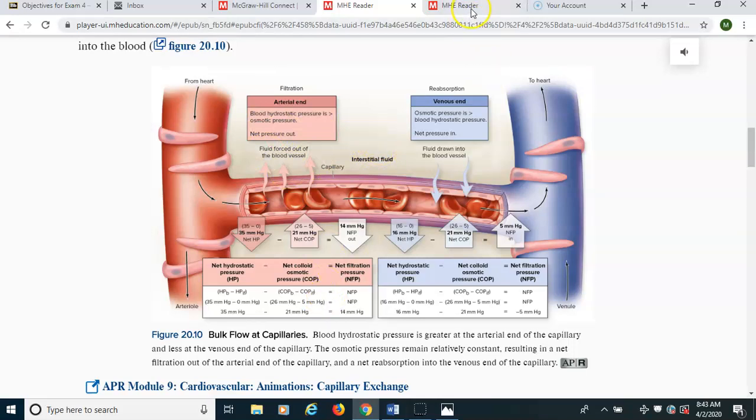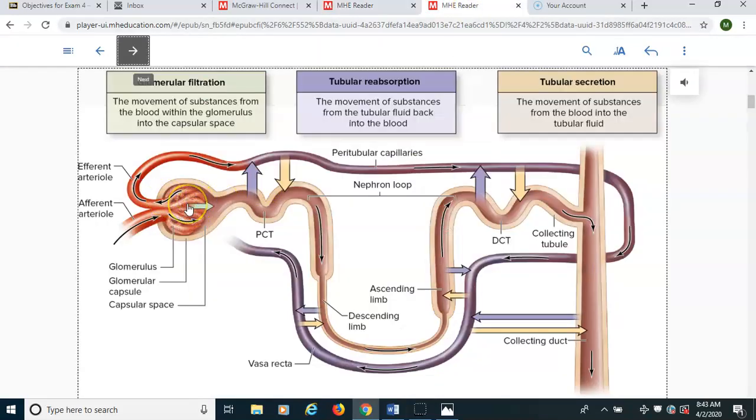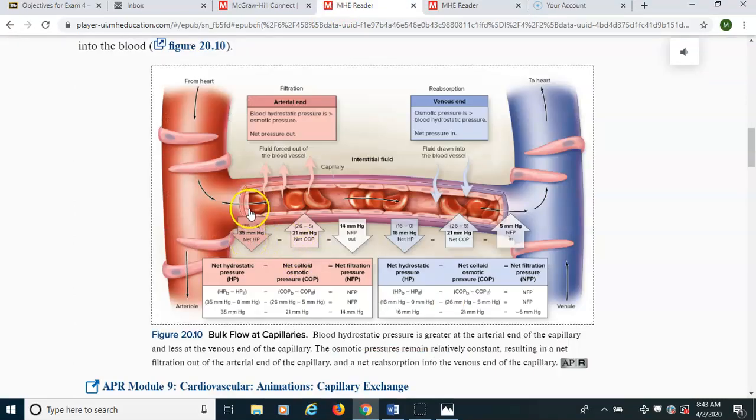So the same thing's going to happen at the glomerular capillaries, except those little glomerular capillaries are fenestrated, so they have even more little pores in them, so more places for things to leave. And they also have a higher blood pressure than those capillaries. I think it was like 20 to 40 for the continuous capillaries.